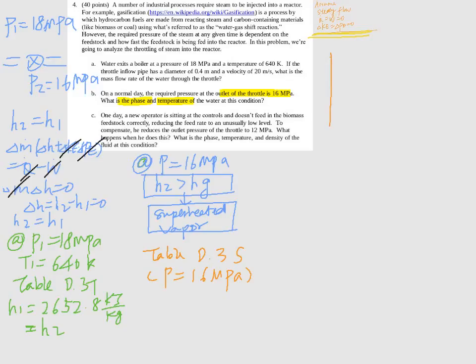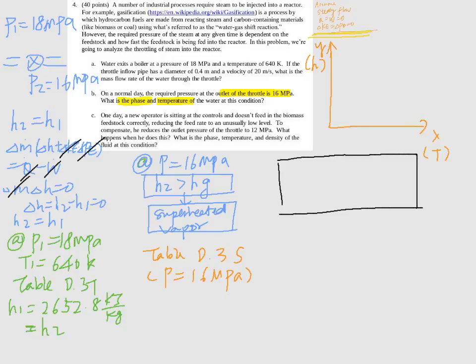So I'm going to draw x, y axes here. So x and y. This is going to be T, and this is going to be H. We're going to use the H value that we have and the T values that we have to find out the T that we want. So I'm going to draw the first two lines of table D.3S.